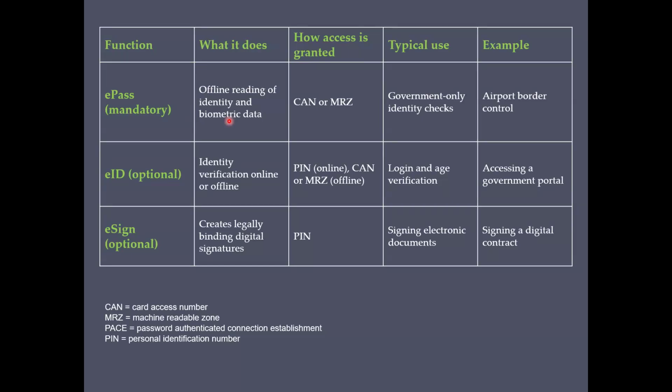So how is access granted? Either by a card access number or a machine readable zone. An example we said is airport border control. The eID can be identification verification that is offline or online. If it's online or offline, access is granted either by a PIN, a card access number, or password authentication and connection establishment.